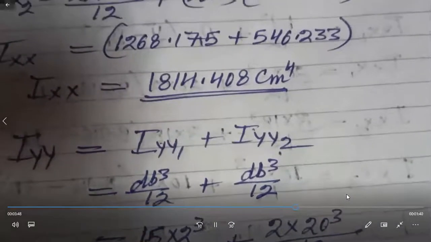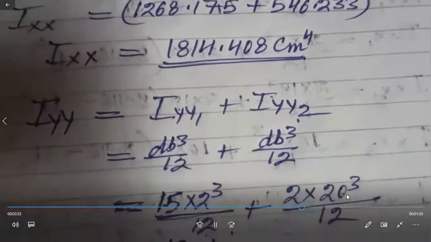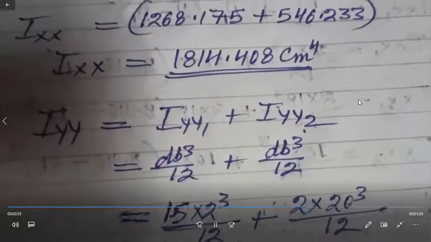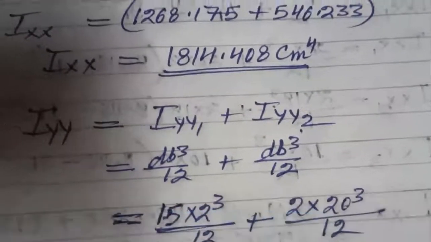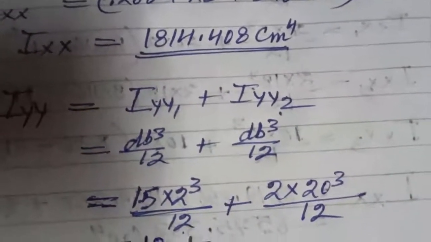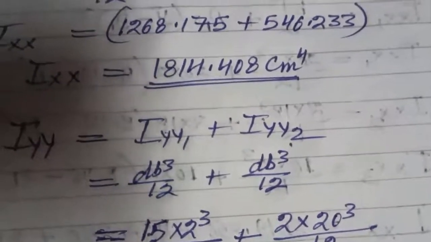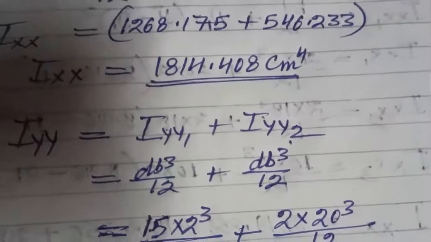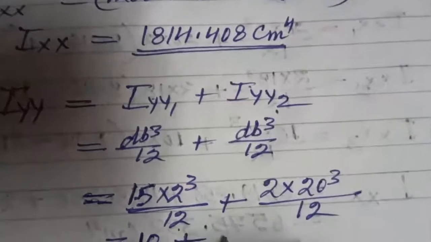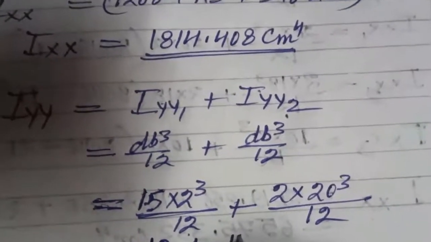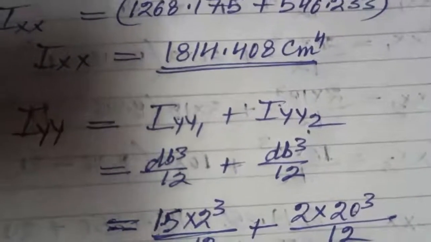Plus 2 into 20 cube divided by 12 is 1333.33.